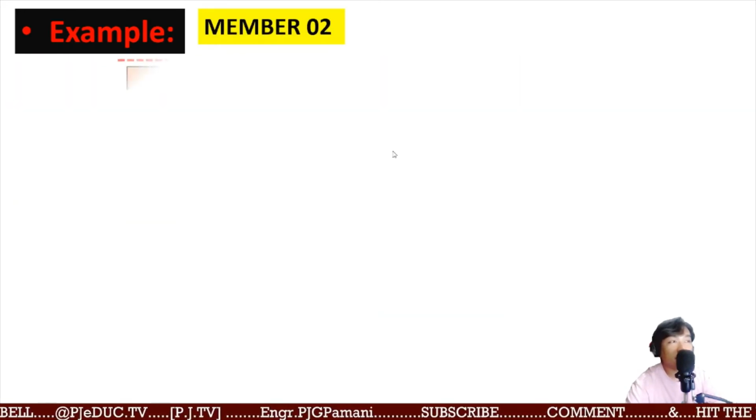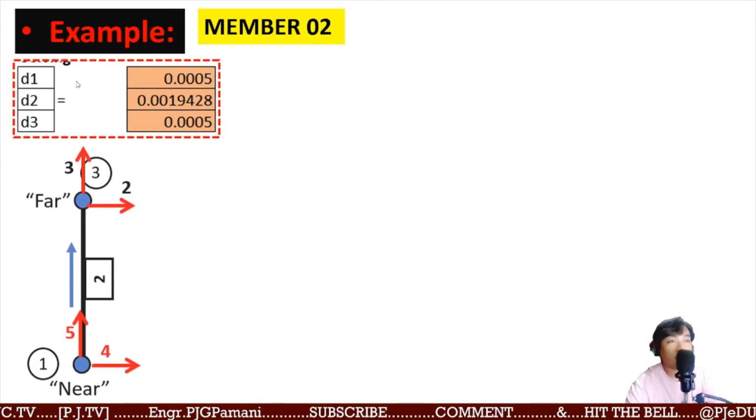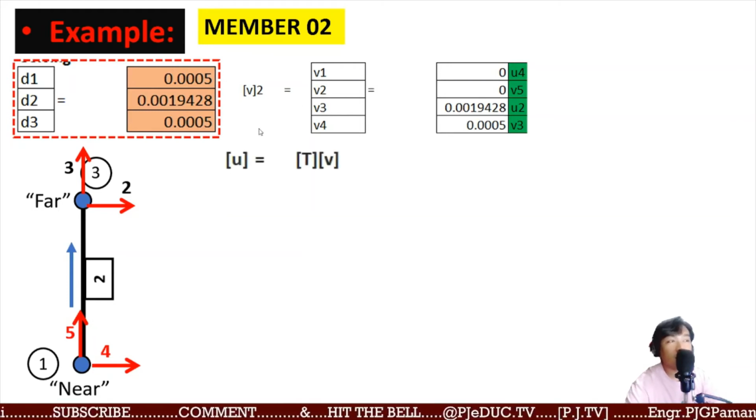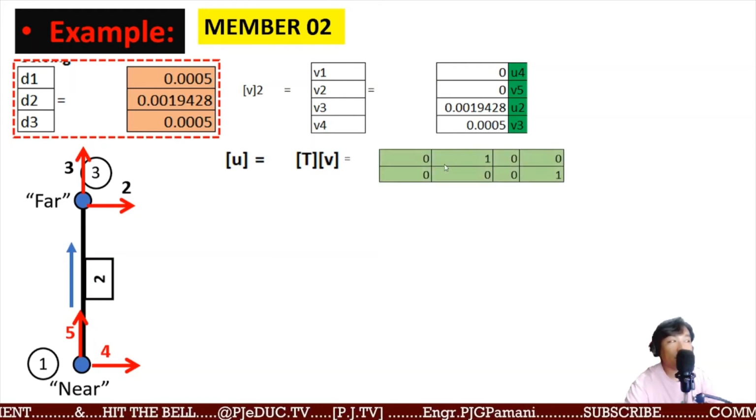Okay? Member 2. Again, ito yung ating 1, 2, 3 na deflection. Ito yung ating member. Identify your global coordinate end displacement for 5, 2, 3. Yung 2 and 3 lang yung may deflection. So, doon natin ilagay si 2 and 3. Multiply V with the transformation matrix of member 2.